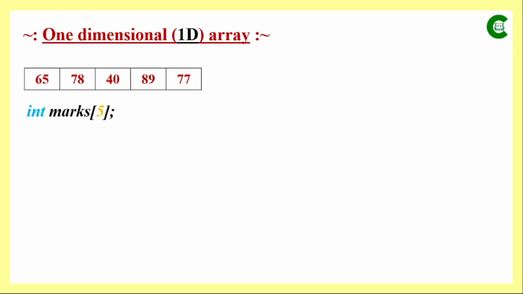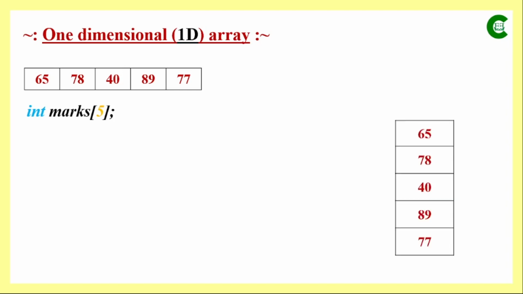Now how to refer to each of the elements of that array. So 65 here is the first element of that integer array. So 65 will be referred to as marks, where marks is the array name or variable name, marks of 0. As I said in my last class also, here the index or subscript value should start from 0.